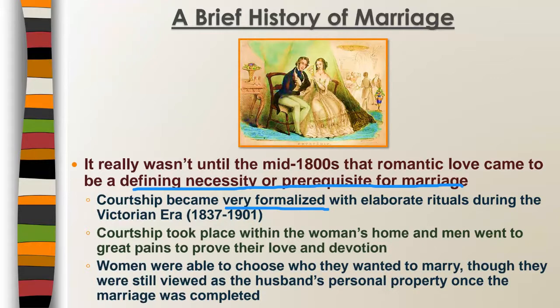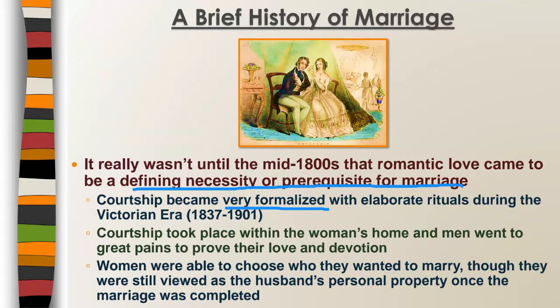Courtship was essentially the way they talked about dating. You courted someone before you proposed marriage. You date somebody. But courtship was very strict. There were a lot of laws and rules pertaining to it.